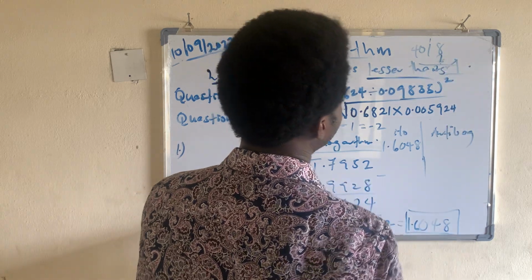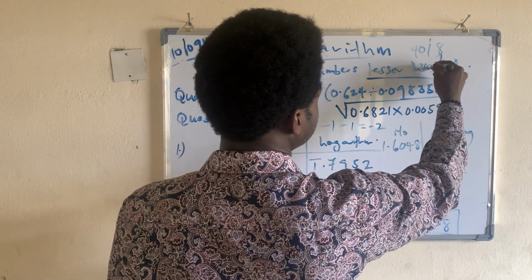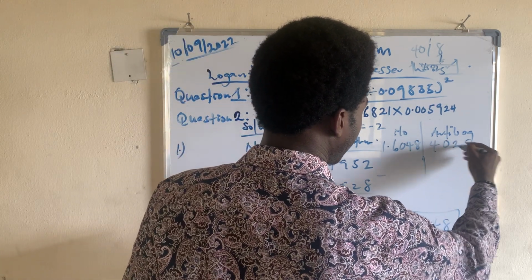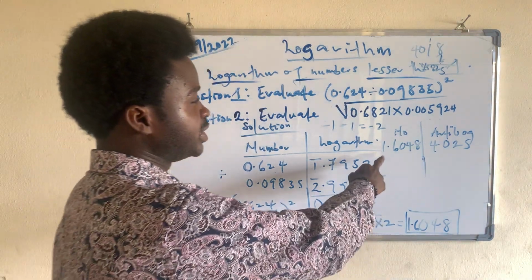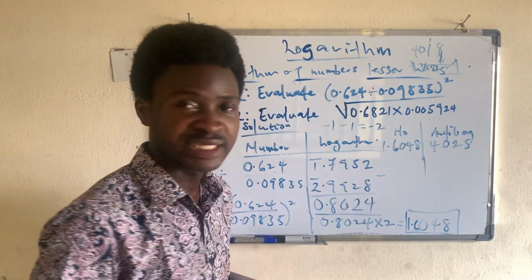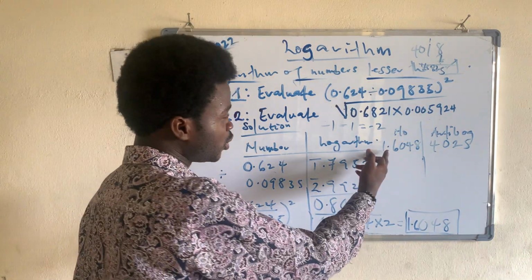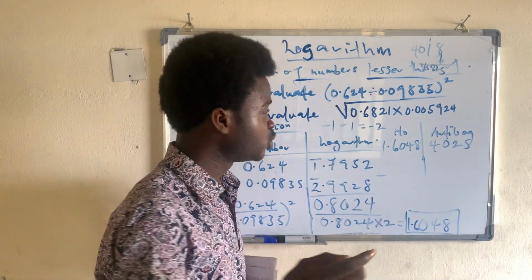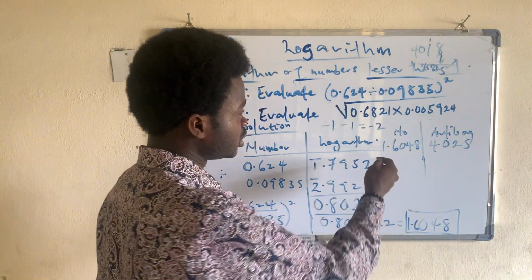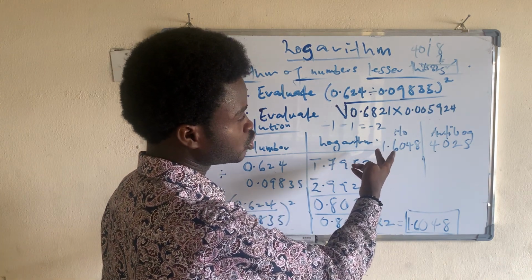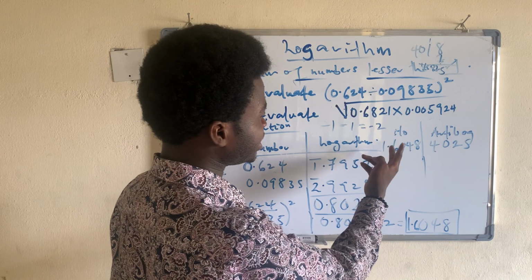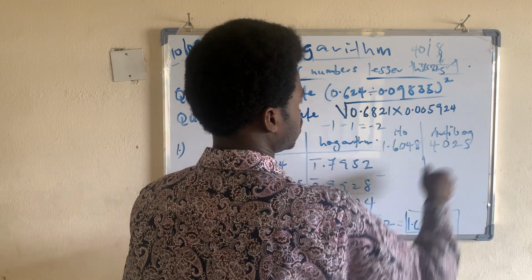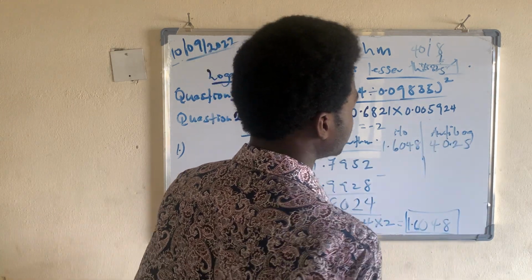That's 4025. So what we have here is 4025. But we come back to this to check how we place our decimal points. So we have 1 point here, means that we add another 1 to the 1, that is 2, means we move the point twice. That is 1, 2. So our result here will be 4.25.